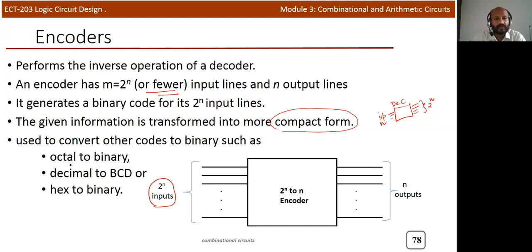These are the mainly used practical encoder circuits: octal to binary, decimal to BCD, or hex to binary, etc. And there is no select line as in the case of a multiplexer. So don't confuse it with a multiplexer or demultiplexer. In multiplexer and demultiplexer there is a select line, but in the case of decoder and encoder, there is no select line.